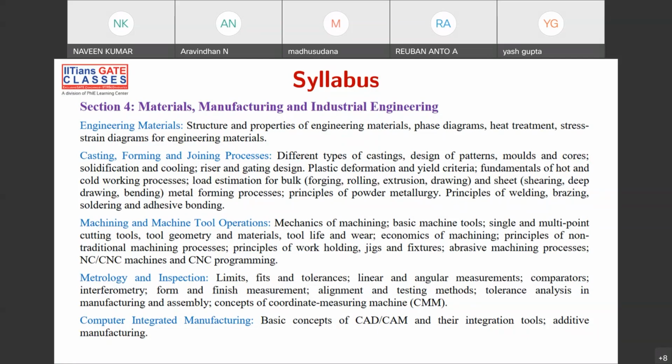Any others? Please let me know even if it is no; there is no problem. Okay, 3 people: Naveen, Yash, and Arshad Ali have prepared for GATE. Praveen says this is his first one. Very good. I want to know my audience because there is a wide variety of people here. Please do let me know in chat.